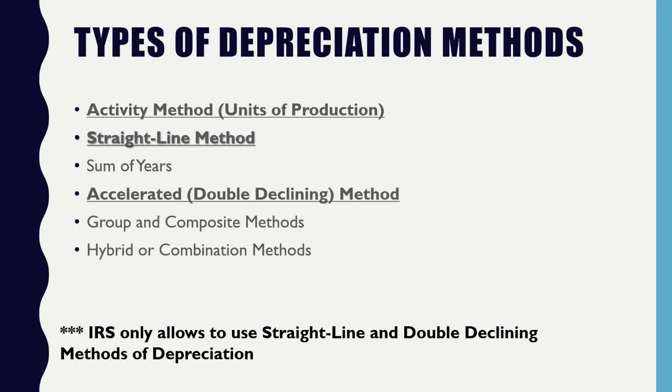So now that we've dealt with the first one, we're going to skip over straight line and look at that after the break, maybe. We're going to be focusing on accelerated, also known as the double declining method.